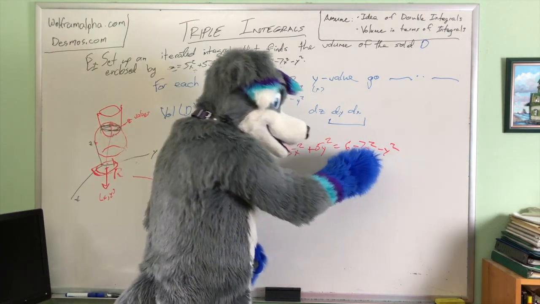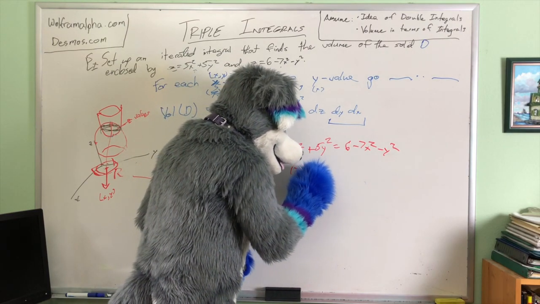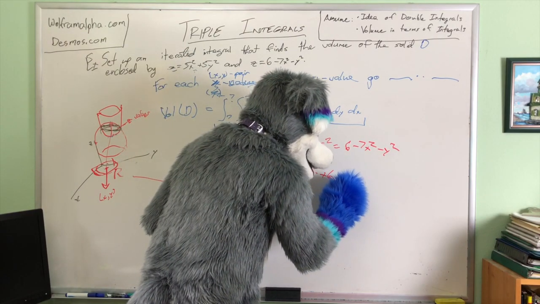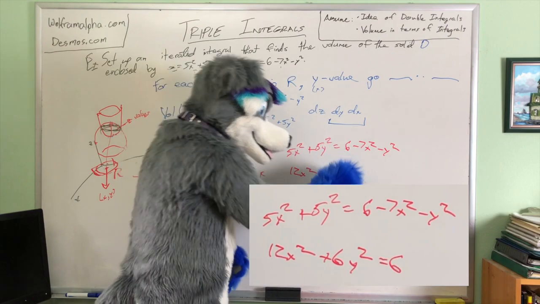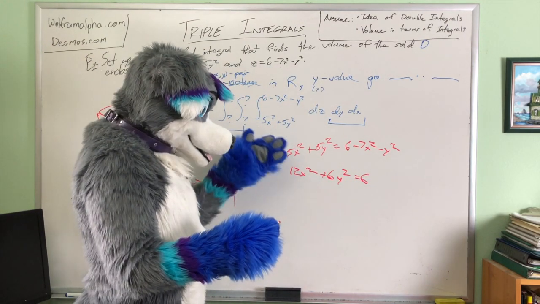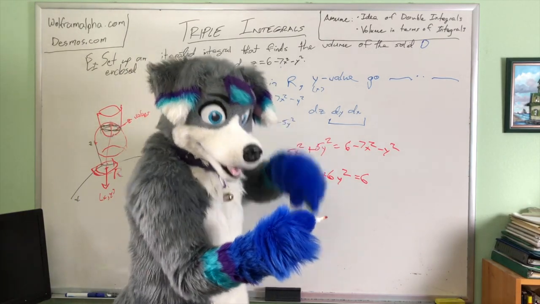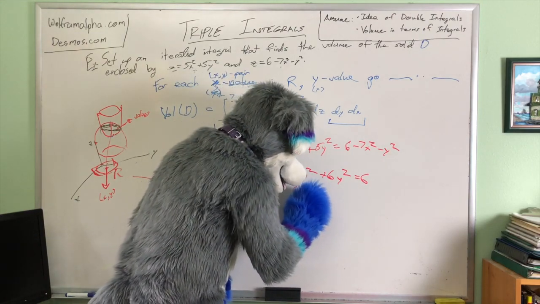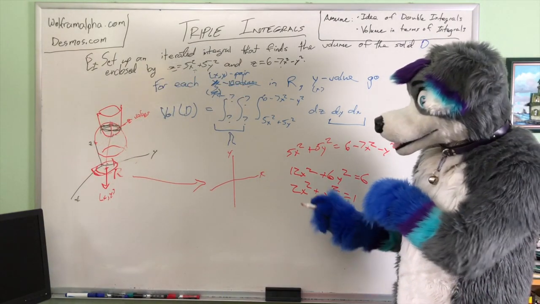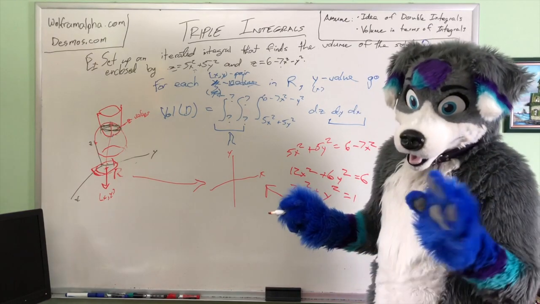It's algebra. If I add 7x squared to both sides, I get 12x squared. And if I add y squared to both sides, I get 6y squared, and I'm left with a 6. You can leave it like that, but it's nice to make numbers nicer, so I'm going to divide by 6. This is the equation of this curve. Or sorry, it's not a circle, it's an ellipse.